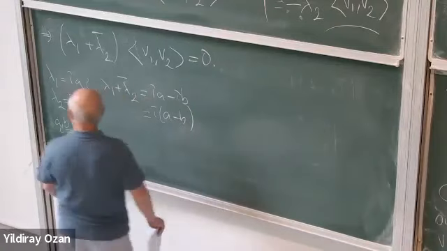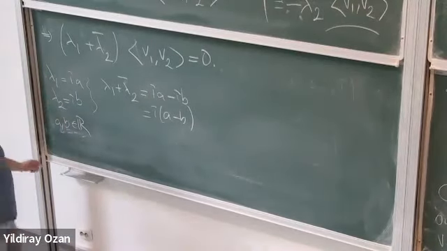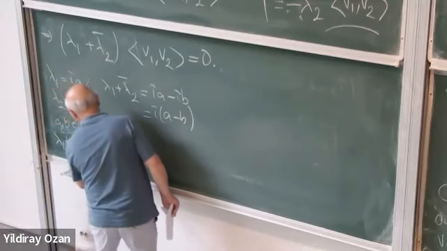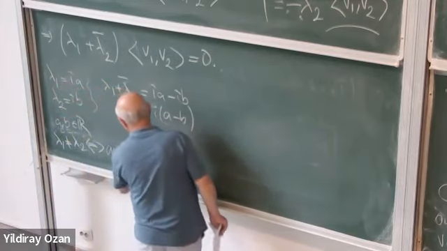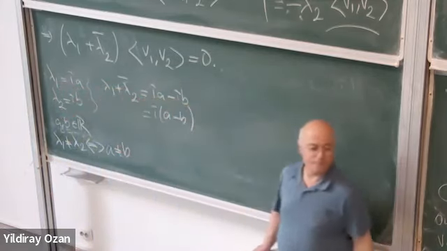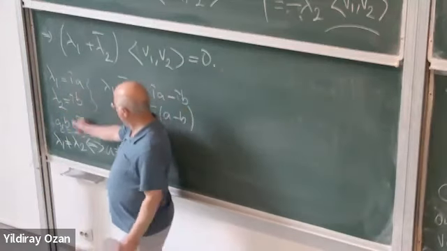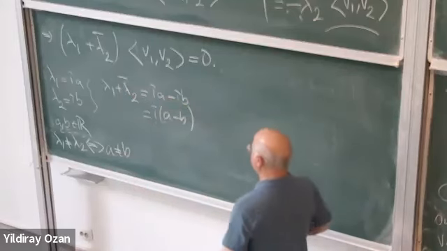But we said lambda 1 and lambda 2 are different. This is if and only if a and b are different, right? So for these eigenvalues to be different, a and b should be different.